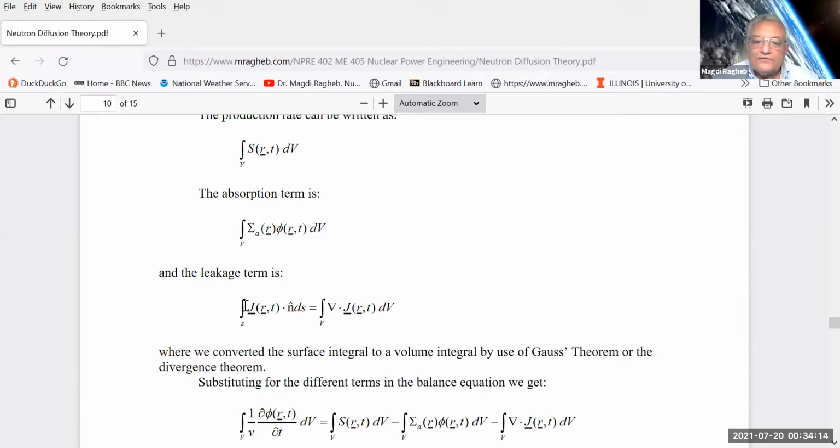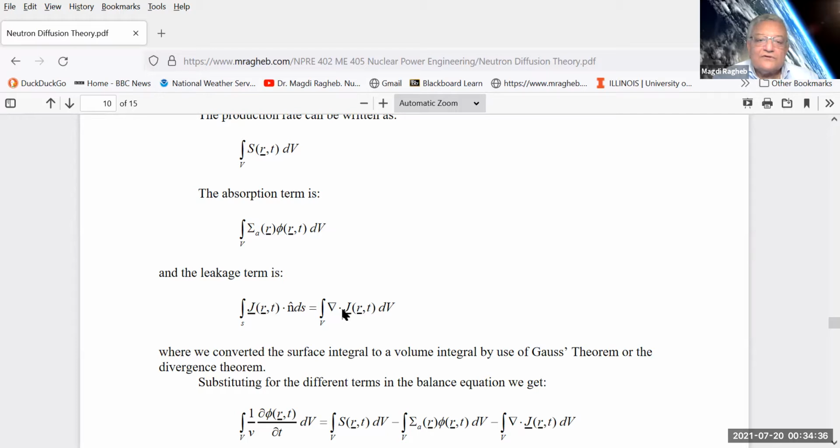So it's very inconvenient for us to use three volume integrals earlier in the balance equation and then have a surface integral. But Gauss's theorem, or Green's formula from calculus, comes to our help. It tells us that the surface integral can be equated to the divergence of the current.